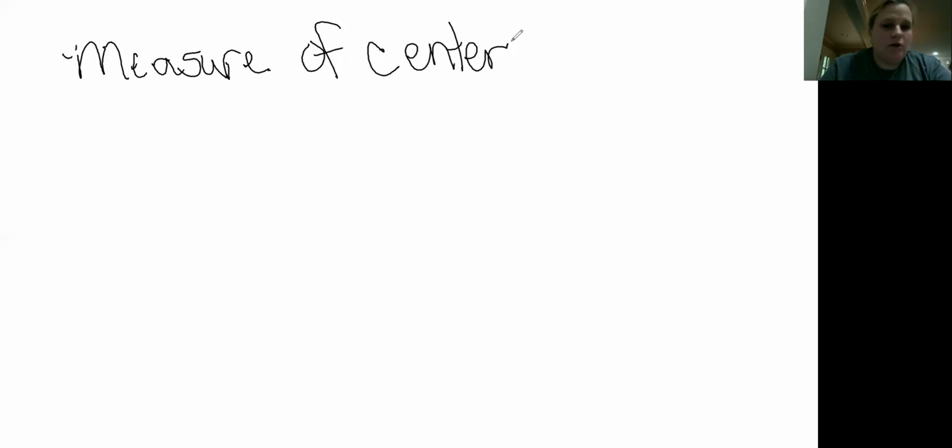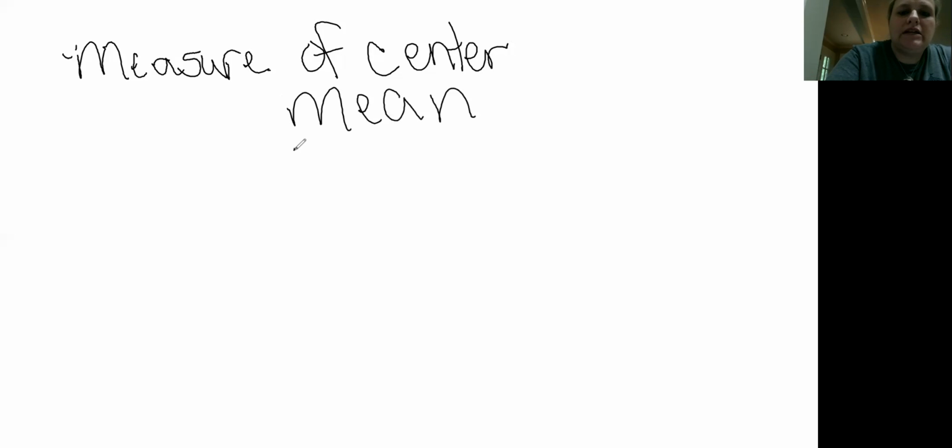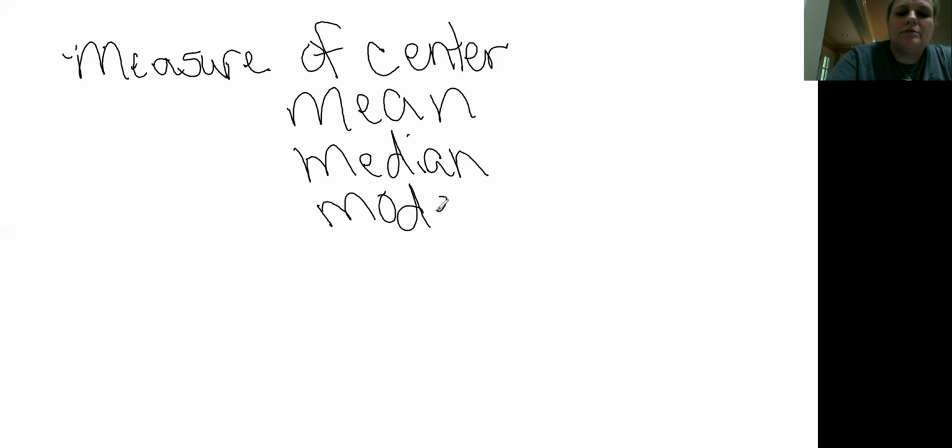Median and mode are the other two. So you have mean, median, and mode. So basically, our measures of center are different ways to interpret the value of a data set, and this is how we're going to focus it: mean, median, and mode.